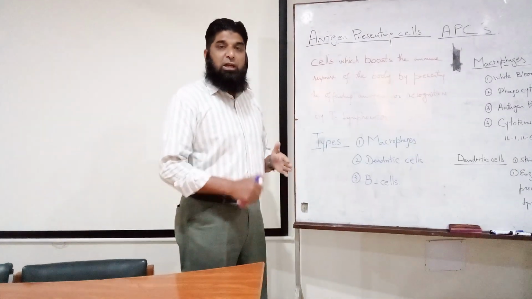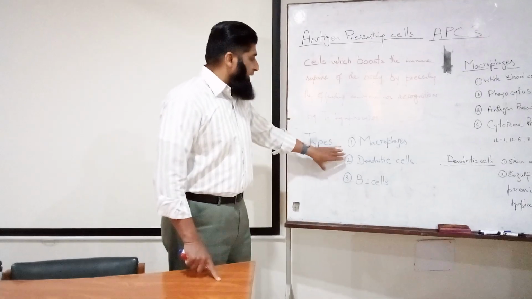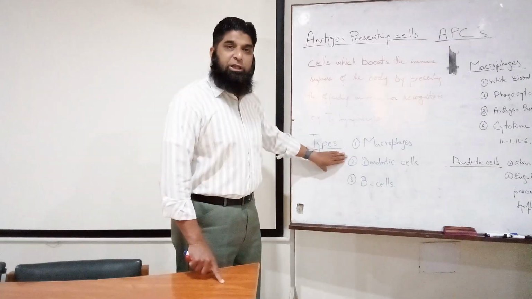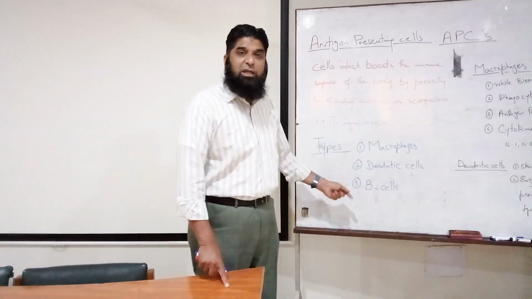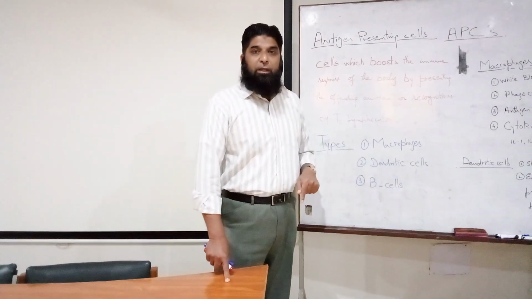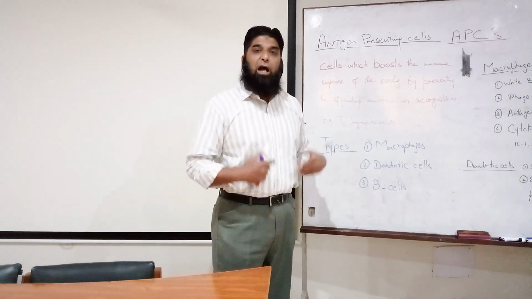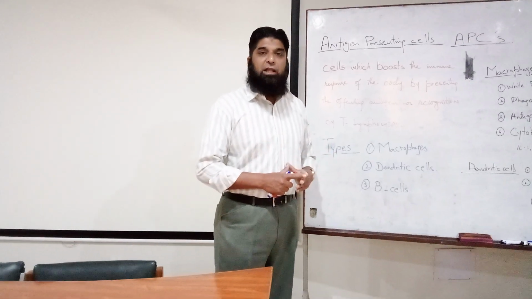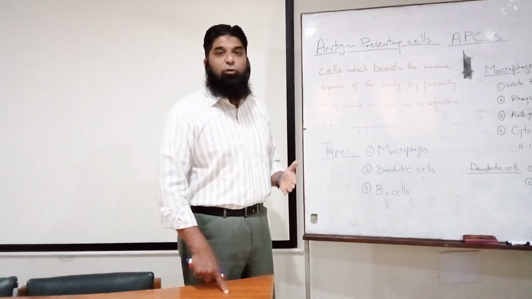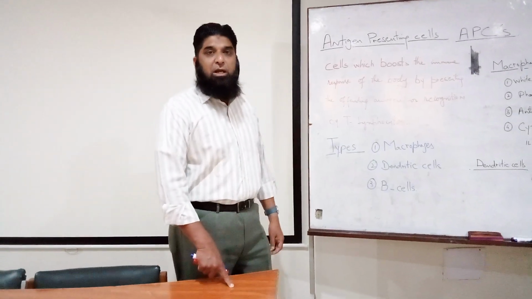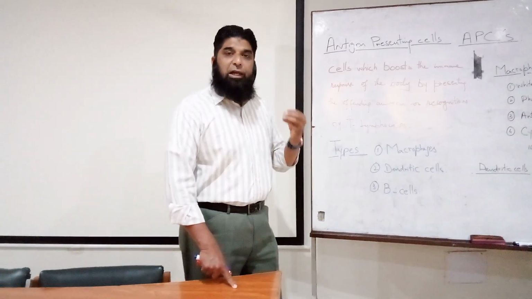This is because antigen presentation is the function of these three types of cells primarily. But there are other types of immune cells also which perform the function of antigen presentation but to a lesser degree.